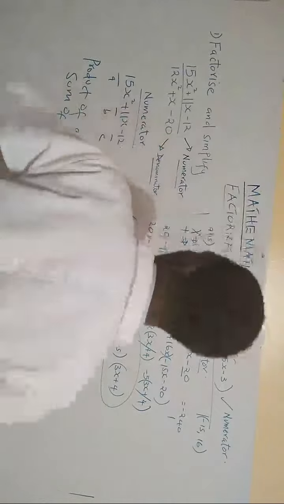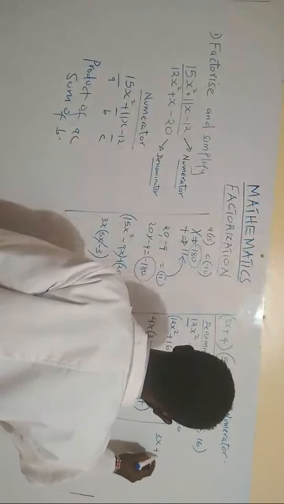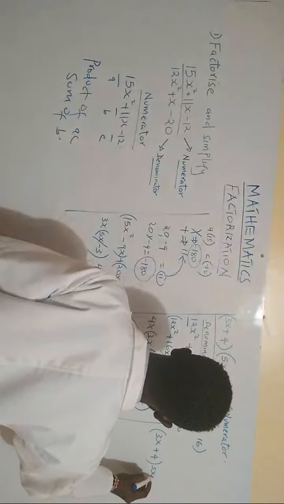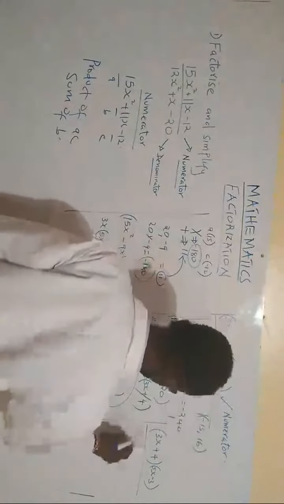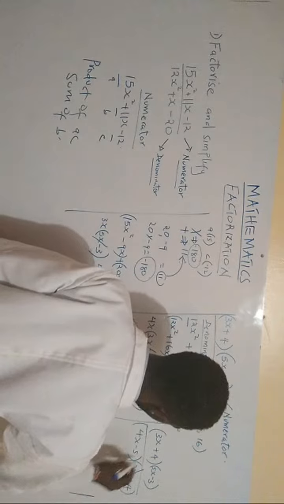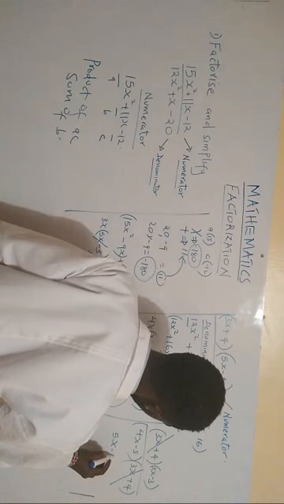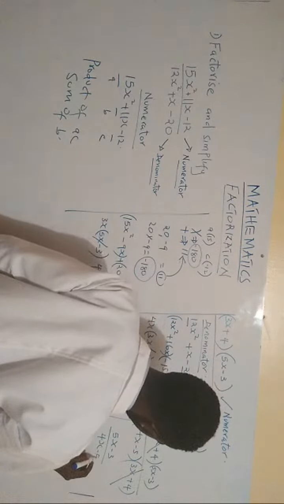That is the denominator. So simplifying, the numerator is 3x plus 4 and 5x minus 3, all over the denominator, which is 4x minus 5 and 3x plus 4. You find this one and that one cancel, and they remain with 5x minus 3 over 4x minus 5.